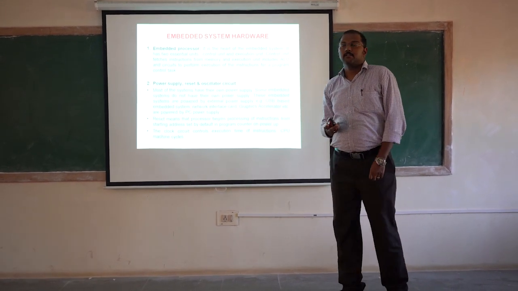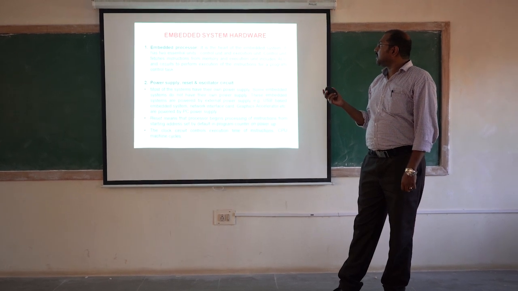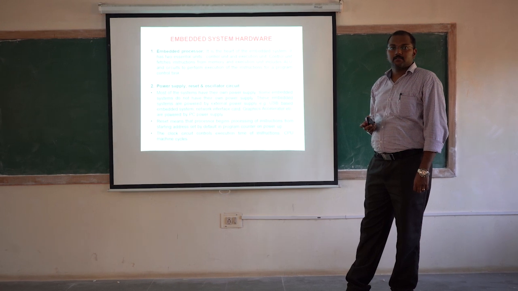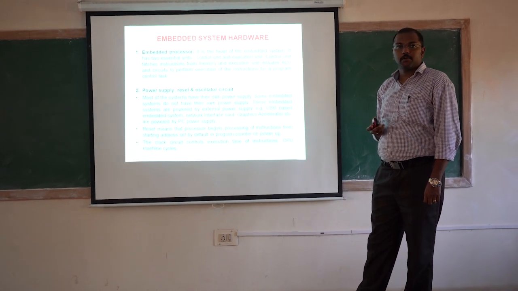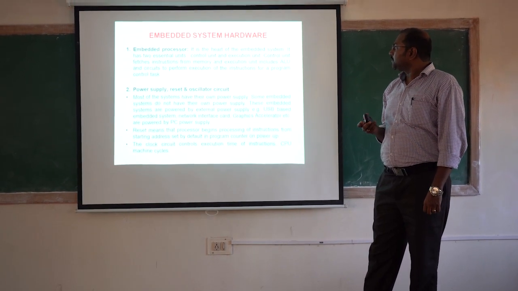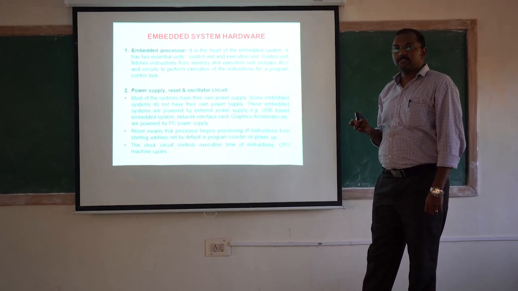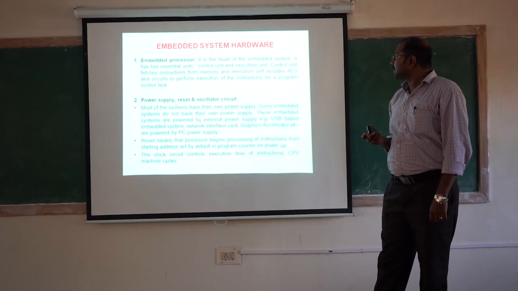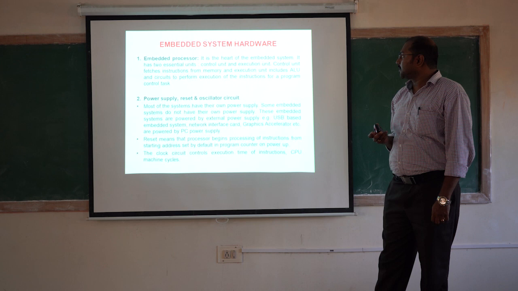Embedded processor. The embedded processor is a part of the embedded system. It has two essential units: one is the control unit, the next is the execution unit. The control unit fetches instructions from memory, and the execution unit includes the ALU and circuits.